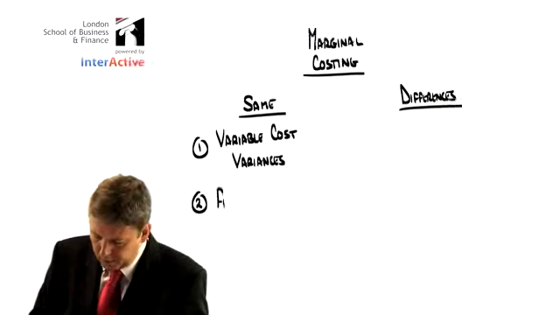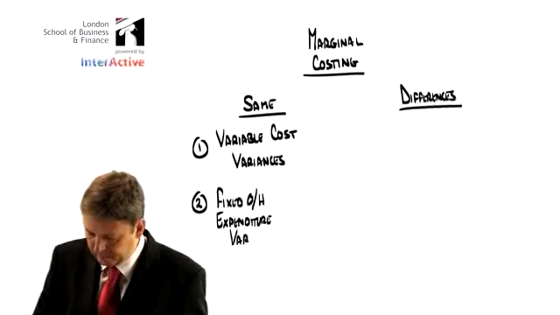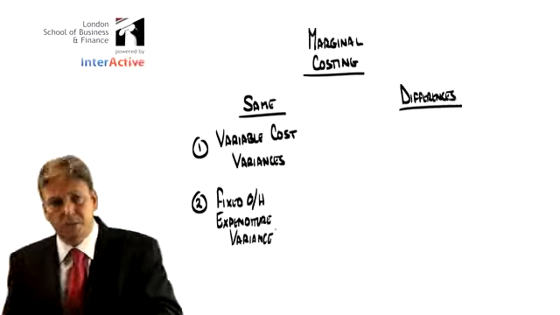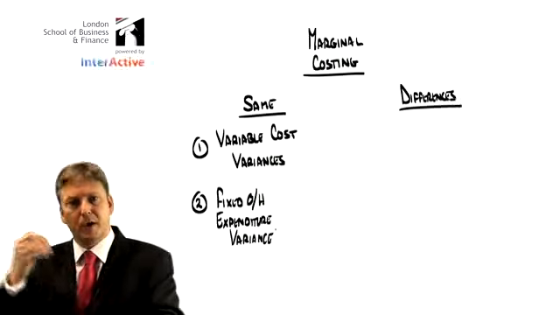So, taking those 2 pieces of knowledge, we know that the fixed overhead expenditure variance will remain. Because you must spend the money, and there will always be a difference between the actual amount and the budgeted amount.